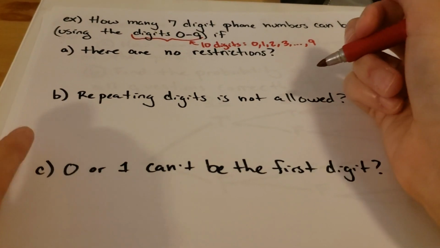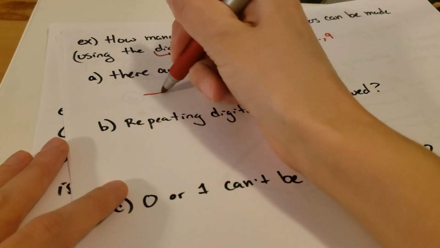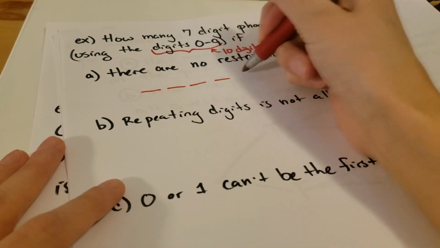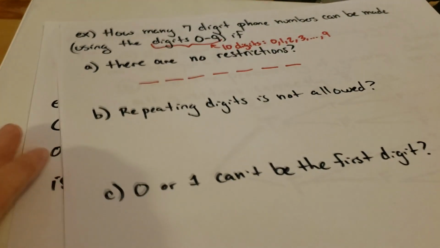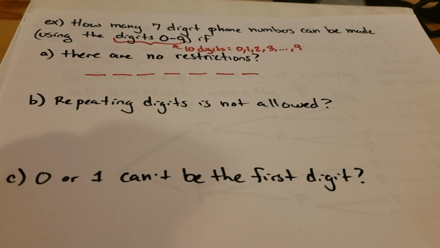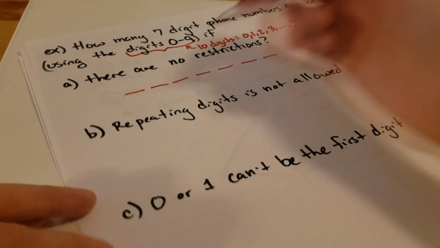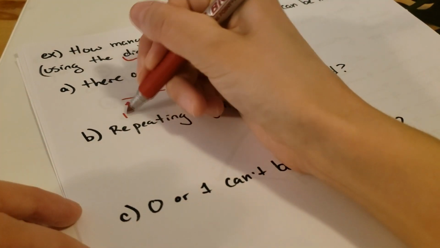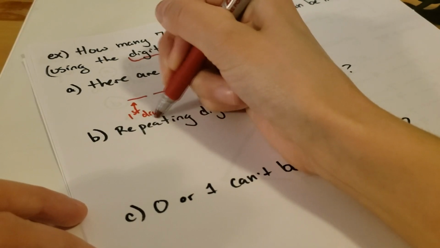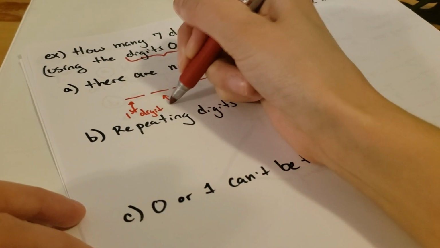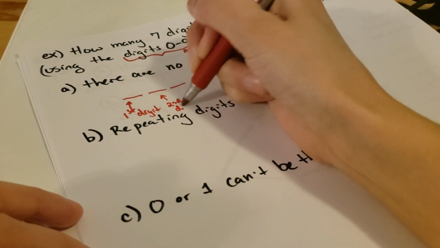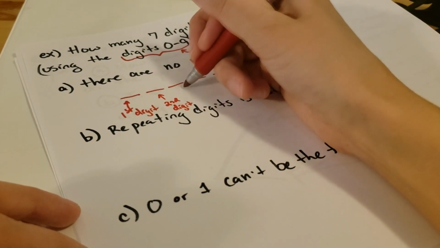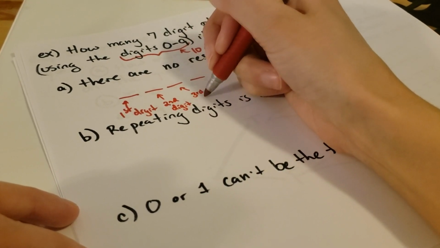So if there's no restrictions, we have 7 positions for different numbers that we could place. Right here we would have our first digit, this would be our second digit, we'd have our third digit here, and so on.